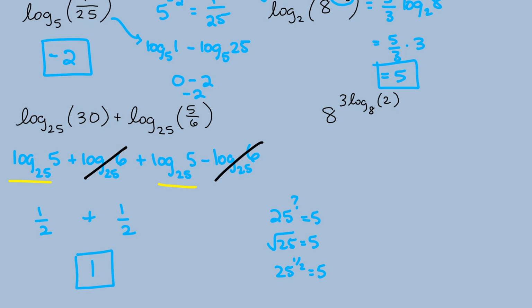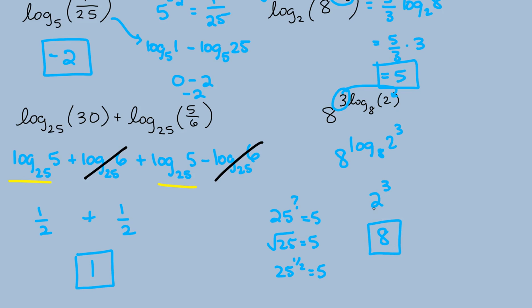What we can do is use our power property and bring this 3 up and make it a power on 2. So now we have 8 to the log base 8 of 2 cubed. There we have 8 to the log base 8. Those are going to cancel, leaving us with just 2 cubed. By the way, what's 2 cubed? 8. So our answer is 8.